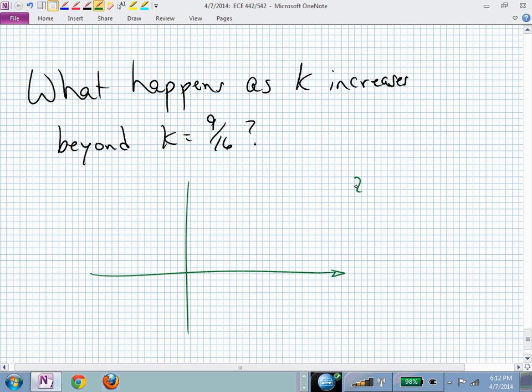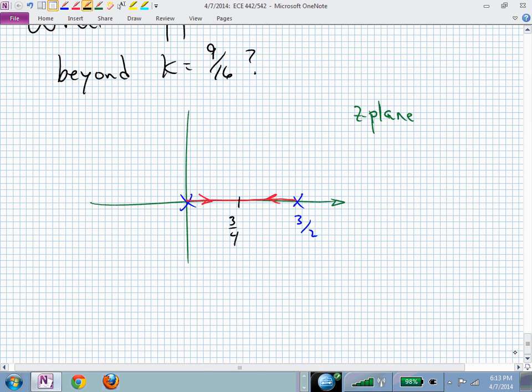Here's our z-plane that we are sketching our root locus in. We know that we're living on that particular segment, and now we've figured out or determined that halfway between those two starting points is where we meet. And what's going to happen when they meet and we crank up the gain k?